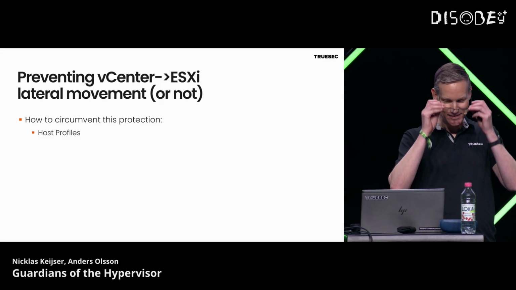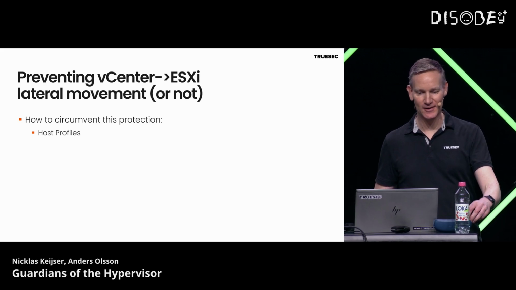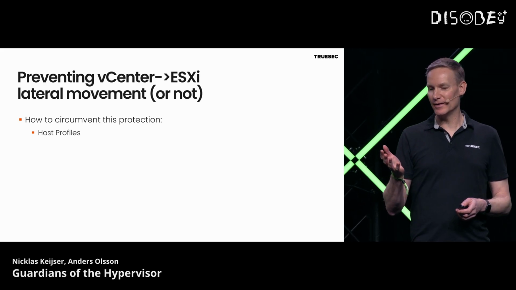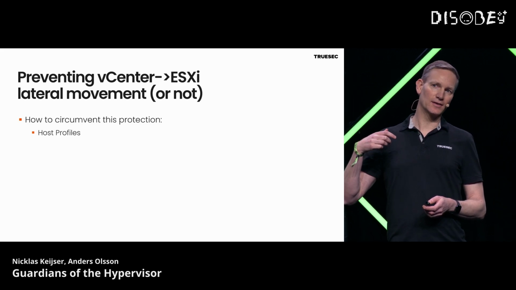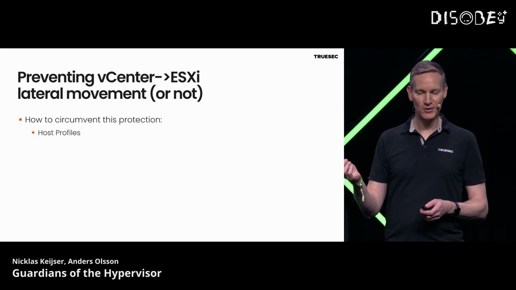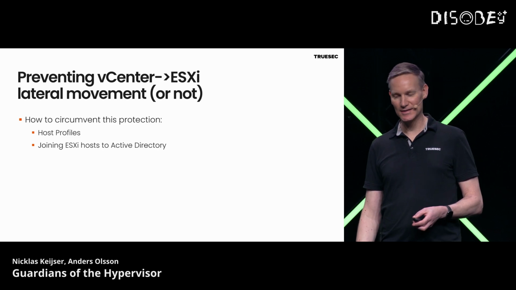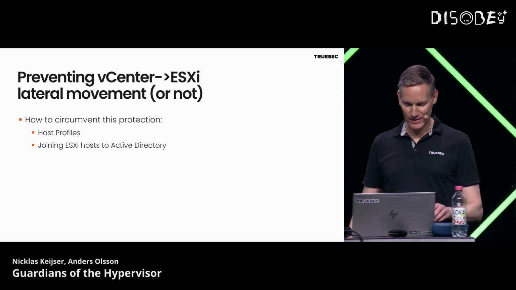So again, good protection can be circumvented. On top of this, there is one more way that you can circumvent or avoid using the local accounts to get into ESXi hosts. And that is joining the ESXi host to Active Directory.